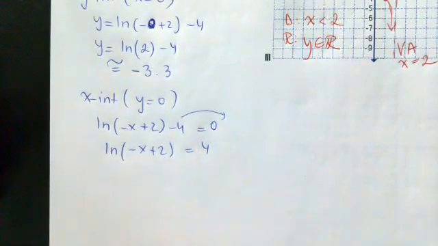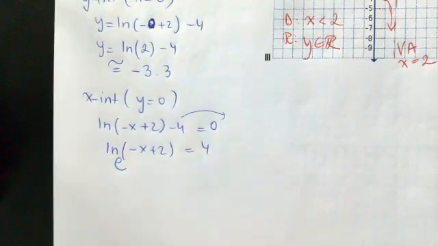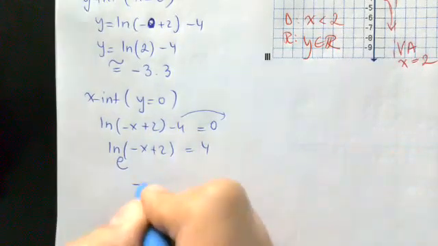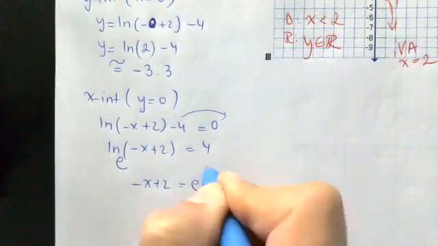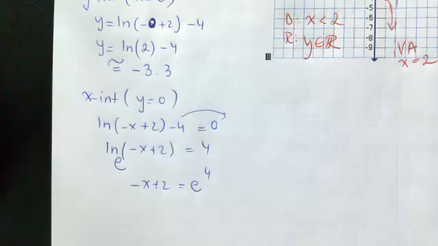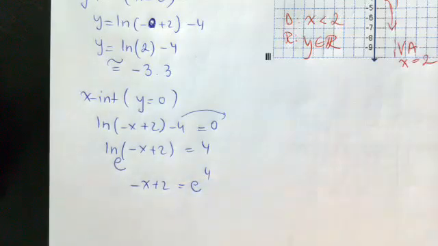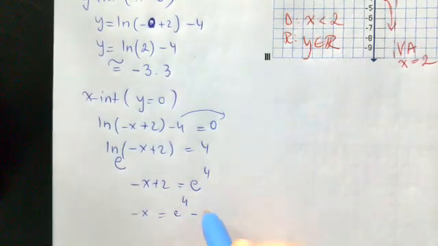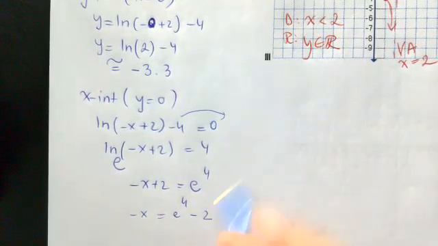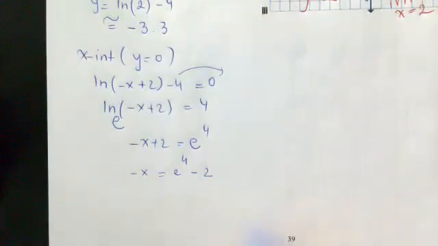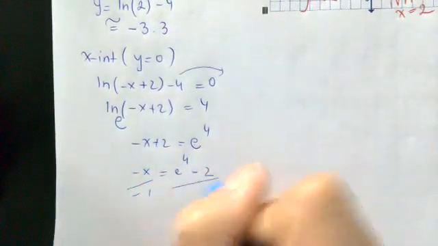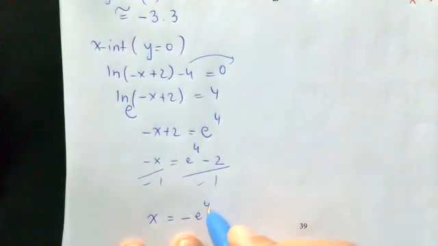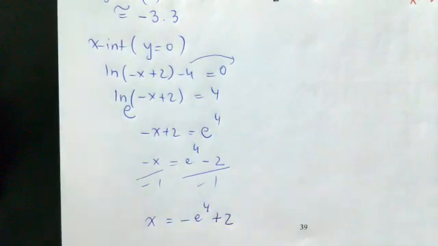I can write it in exponential form, but you have to remember the base is e. Otherwise, how do you go to exponent? You need a base, right? So negative x plus 2 equals e to the 4. And now this is a linear equation, negative x equals e to the 4 minus 2. You can divide everything by negative 1. You get x equals negative e to the 4 plus 2.